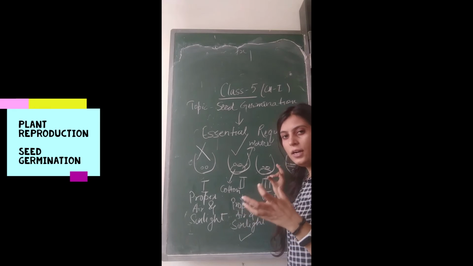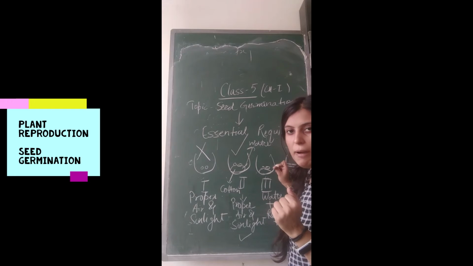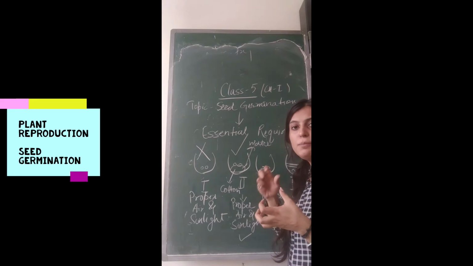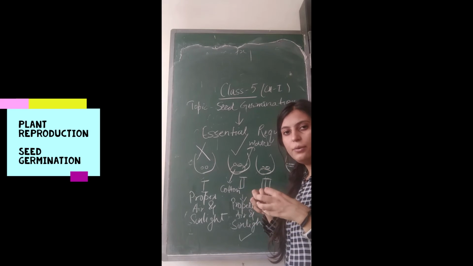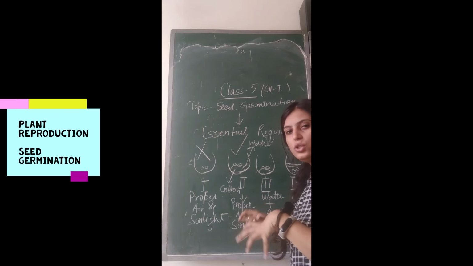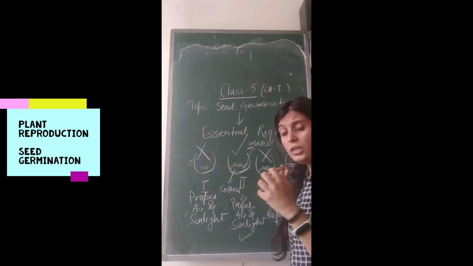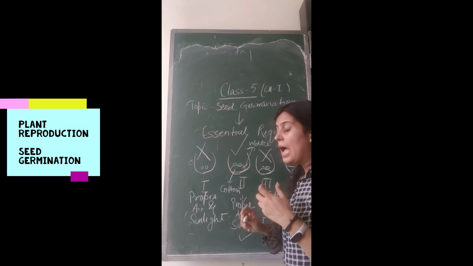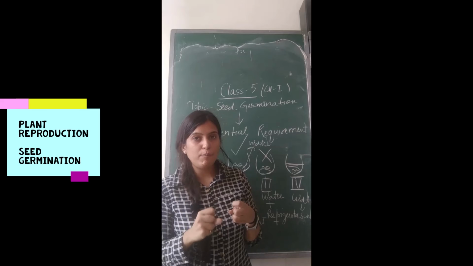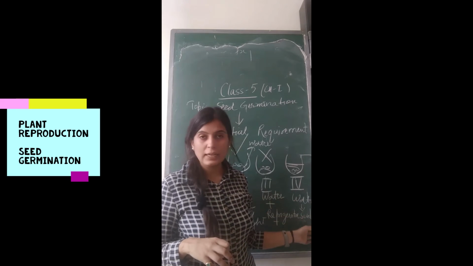For the third bowl, we put the bowl in the refrigerator and sprinkled the cotton with water. We have given only water and air to it, no sunlight, so seeds will not germinate. And what about the fourth bowl? We have put that bowl filled with water in sunlight.